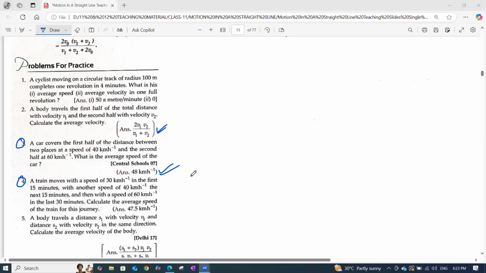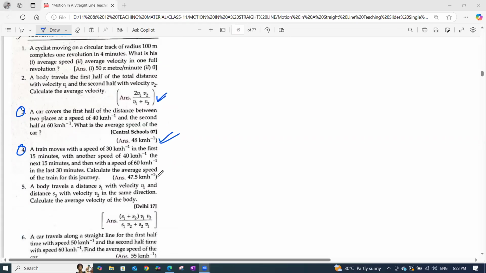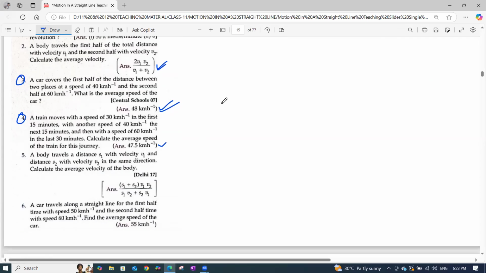I think you have solved this fourth. Of course, the answer is present here, but you should know the method of solving. Fourth question: a train moves with a speed of 30 km per hour in the first 15 minutes, with another speed of 40 km per hour in the next 15 minutes, and then with a speed of 60 km per hour in the last 30 minutes. Calculate the average speed. So there are three paths given.